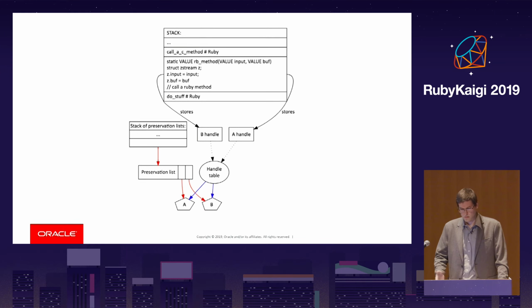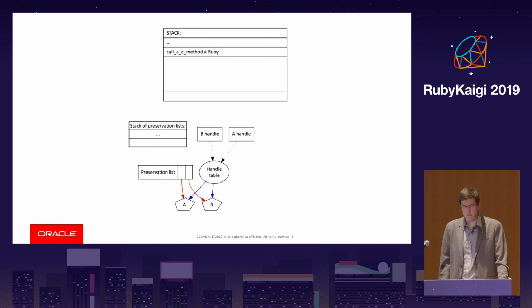Then let's say there is a call to Ruby, so nothing interesting happens here. When it unwinds, it still remains referenced as it should be. When we unwind the C call, then the references to the handles disappear, and also the reference to the preservation list disappears.